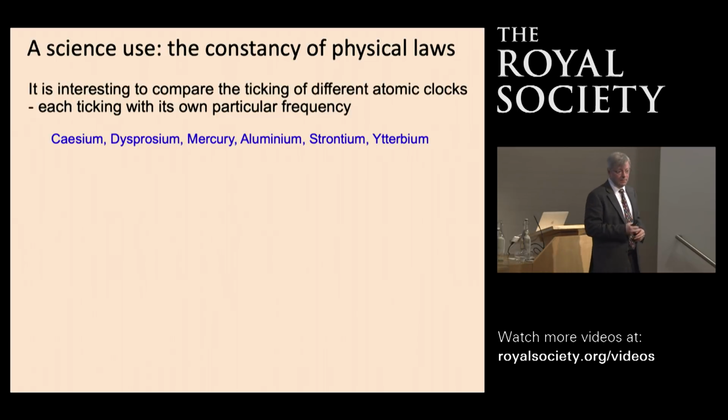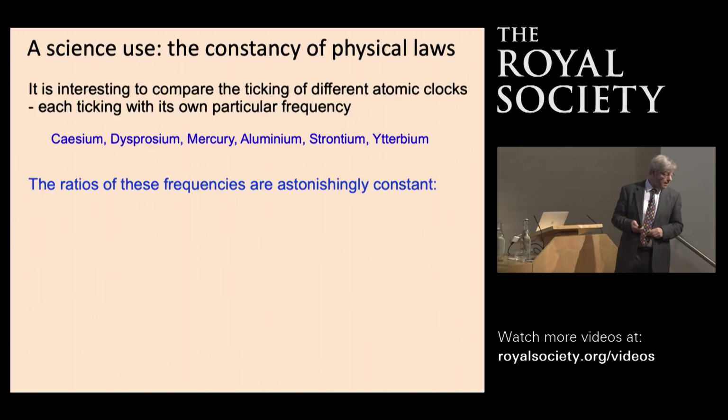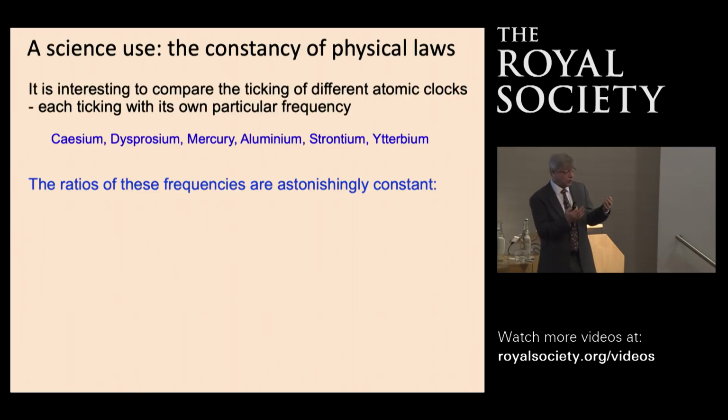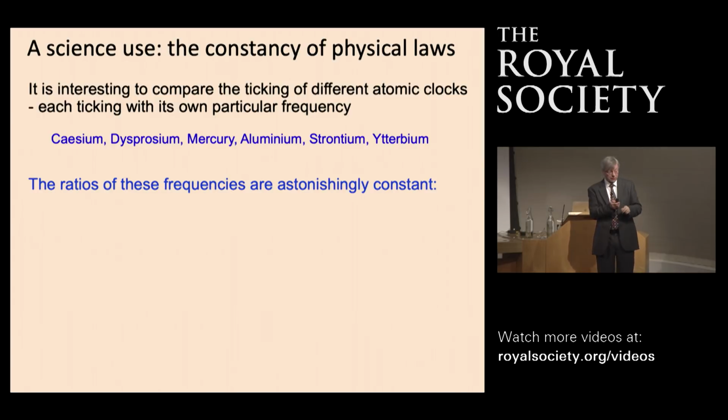Now I can make several clocks and compare them and look at the ratio of their frequencies and ask, is that constant? Does that change over time? And the answer is they're astonishingly constant. And the only way we can understand why those frequency ratios are constant is if the laws of physics, which tell the atom what F high and F low it must have, are not changing over time.